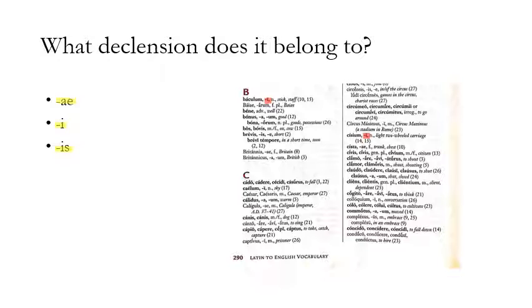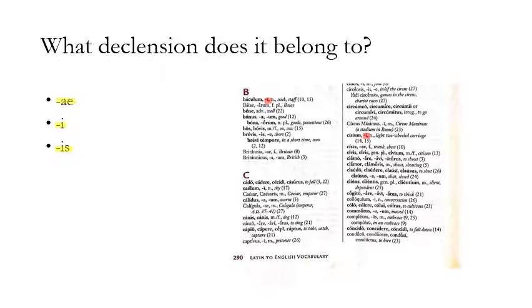You should memorize that if you haven't already. You could find it in your textbook in multiple chapters where it's mentioned, but at this point in chapter 15, you should really know this by heart. So once again, ae in the dictionary form is first declension, ī is second declension, and is is third. Write those down in your notes if you can't find them, and commit them to memory.